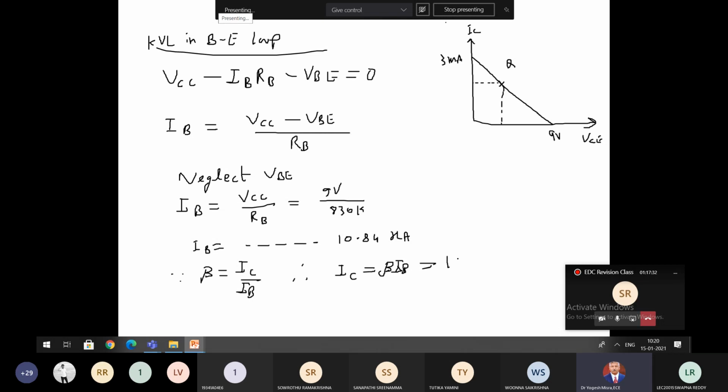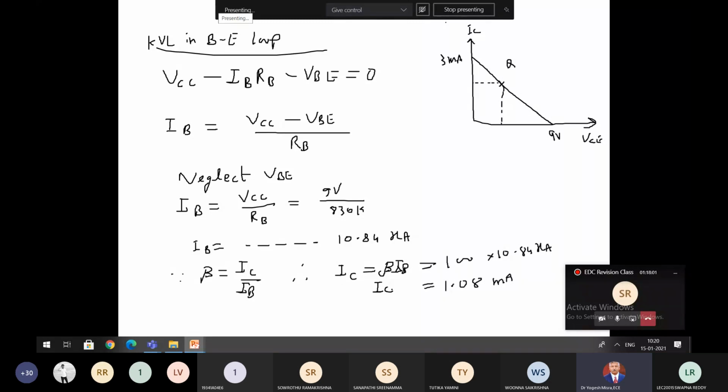So it will be 100 multiplied by 10.84 microampere. So you solve it and write the value in milliampere. So you will get 1.08 milliampere. This is the value of IC.